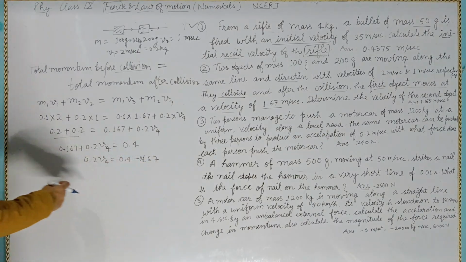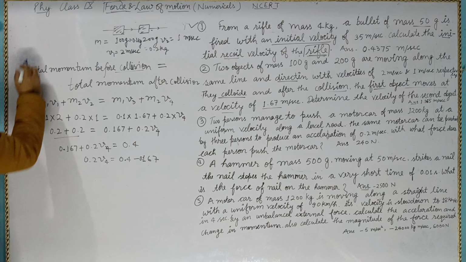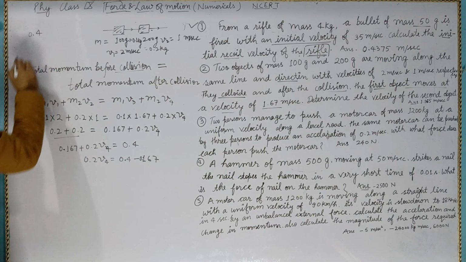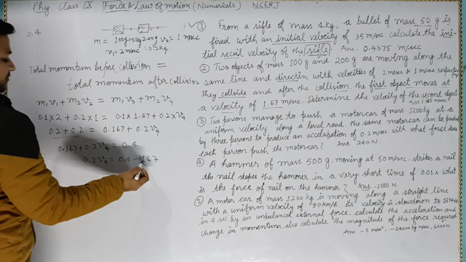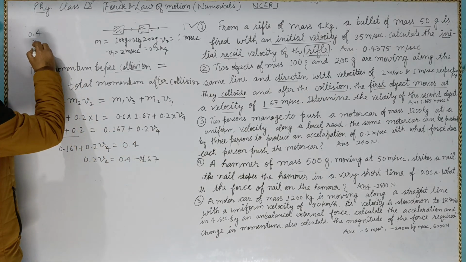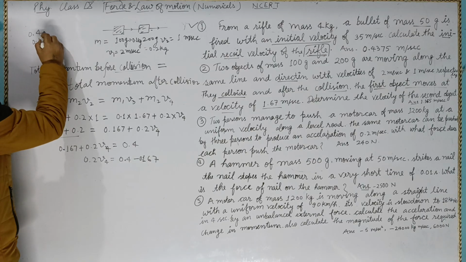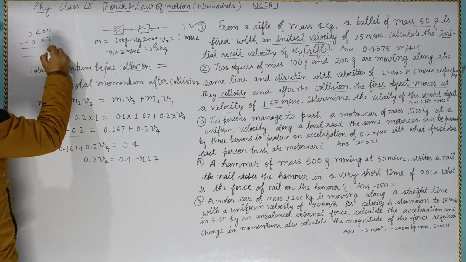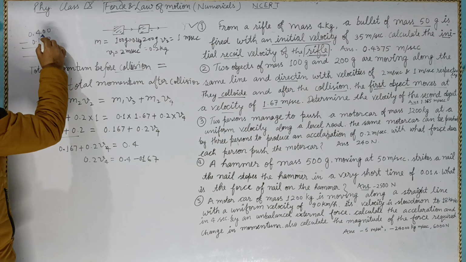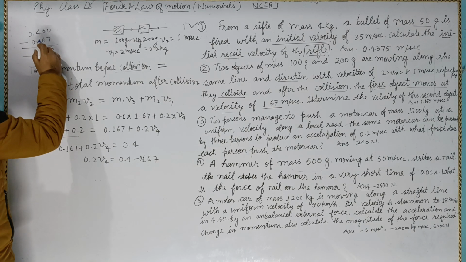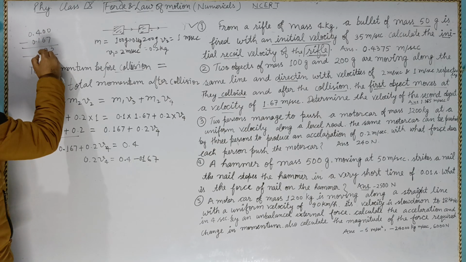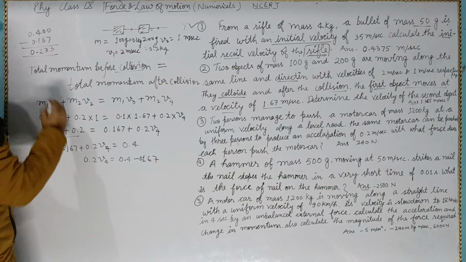We subtract 0.167 from 0.4, and the result will be 0.233.